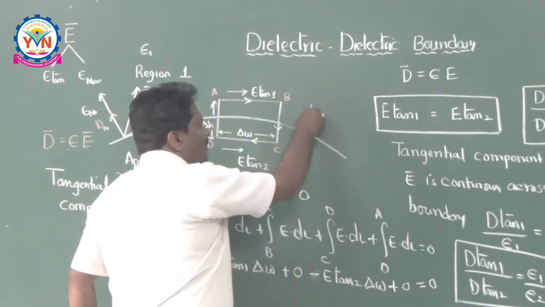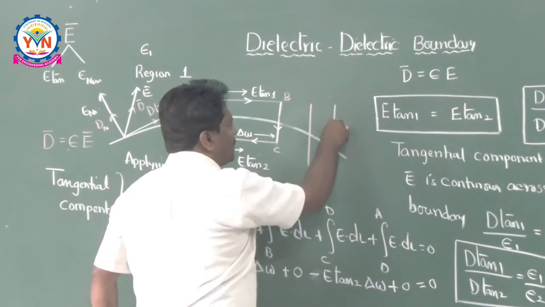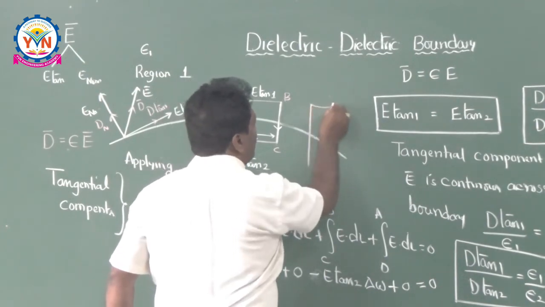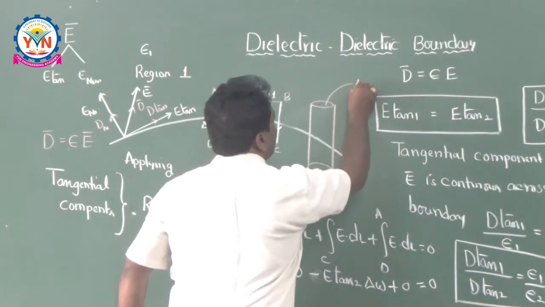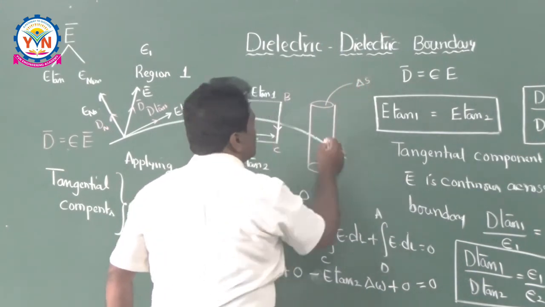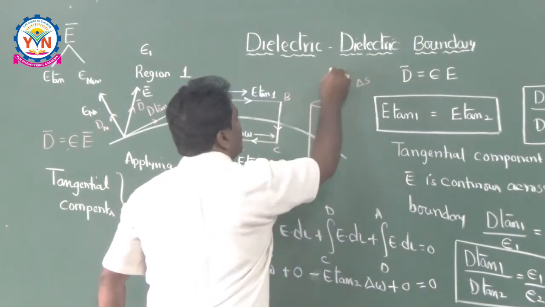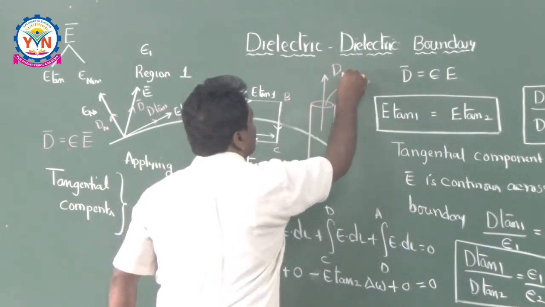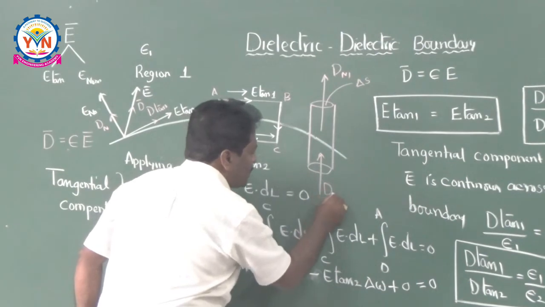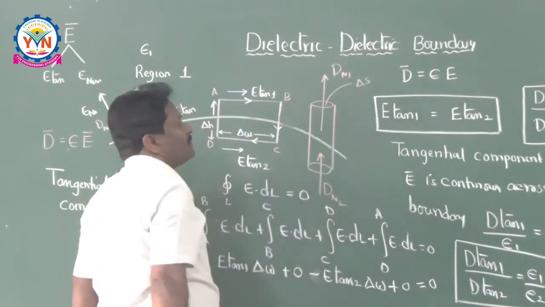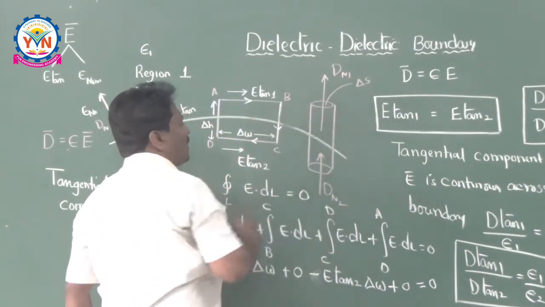You take one cylindrical section here. This is called a pill box. This is a cylindrical box of the surface area delta S, and here it is Dn1, normal component of the flux density, and this is the normal component of the flux density in the second medium. So the surface area is delta S.